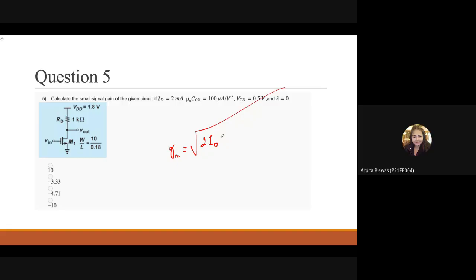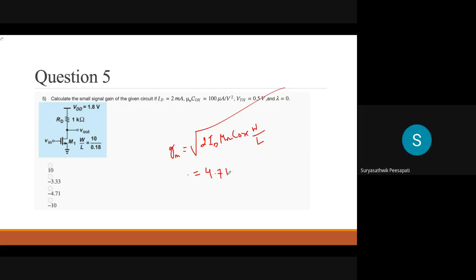Yes, Gm equals twice of mu n Cox W by L into ID. Right? I'm writing the same thing. Mu n Cox W by L. Tell me the value. 4.7.